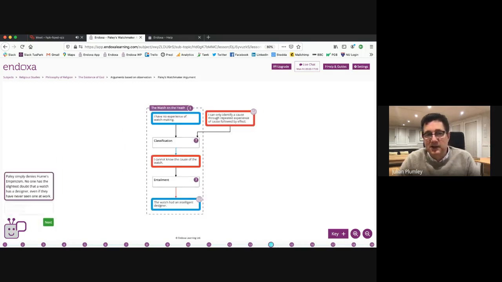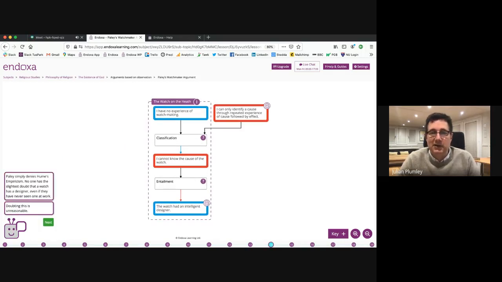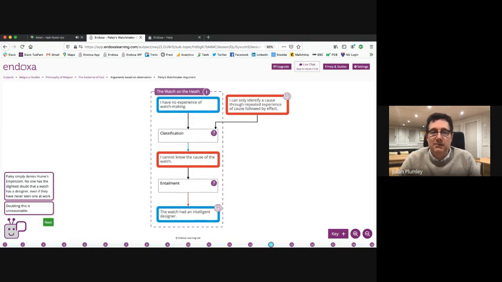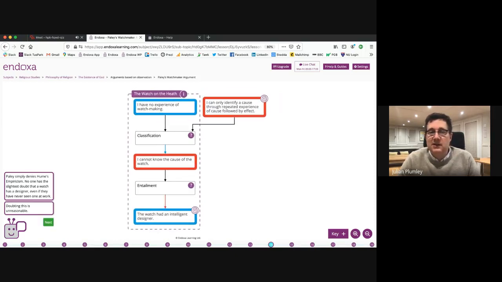He anticipates this because, of course, he knew all about Hume's writing, and simply denies it. He denies the premise that Hume needs, that this is necessary. In fact, I'd say he ridicules it.